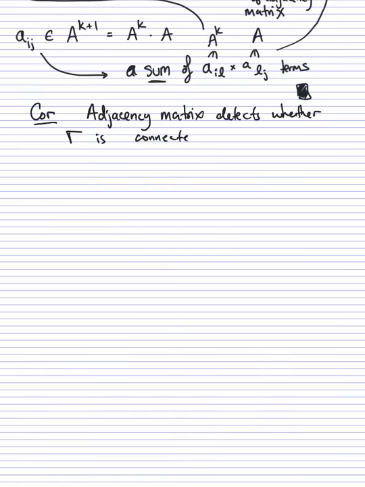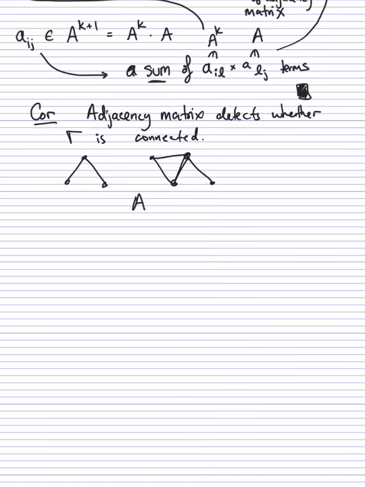Okay, it's something which is immediately not really clear to see from the matrix, right? But if I take some graph that looks like this, so it has many pieces, well, if I take the matrix A, I can't detect immediately from this graph or from the matrix that it's connected.